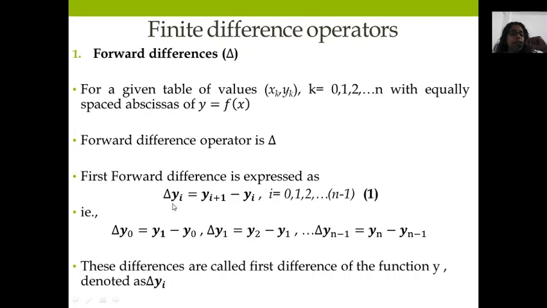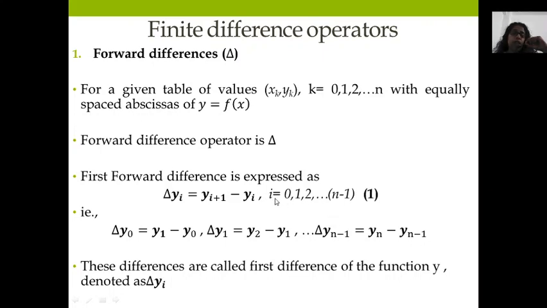So delta yi equal to yi plus 1 minus yi. Let's see. When i is equal to 0, delta y0 equal to y1 minus y0. Then what is forward difference of y1? Delta y1 is y2 minus y1. Similarly, delta y(n minus 1) is equal to yn minus y(n minus 1).